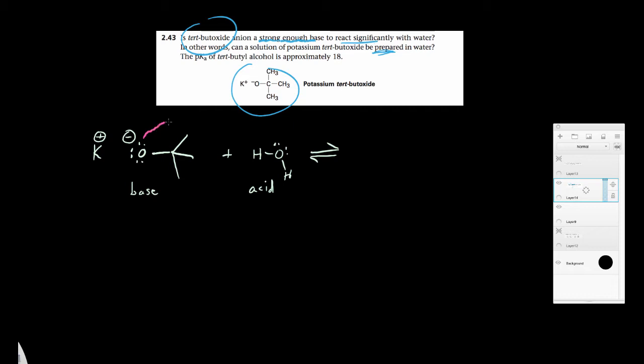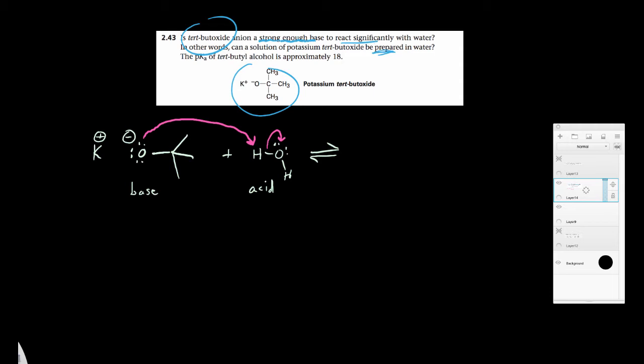So a lone pair from the tert-butoxide oxygen is pulling off this proton, and for that proton to be removed, the bond between the proton and the oxygen in water has to turn into something. In this case, it's going to become a lone pair, and the conjugate base of water will result.